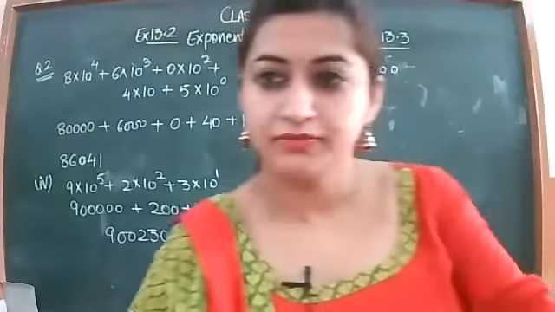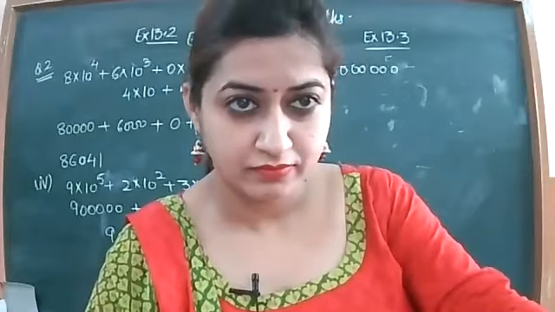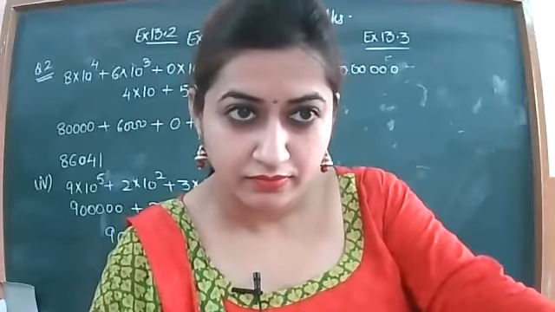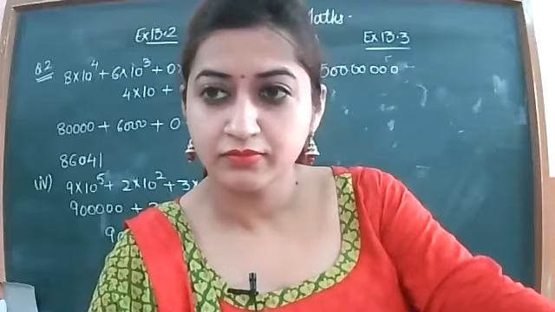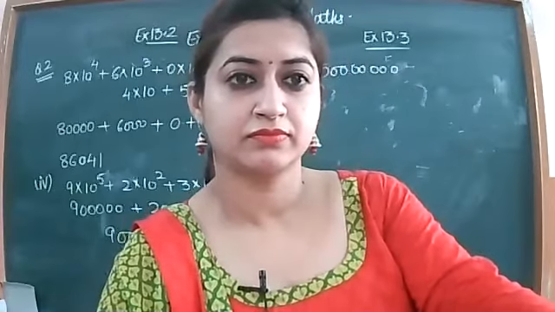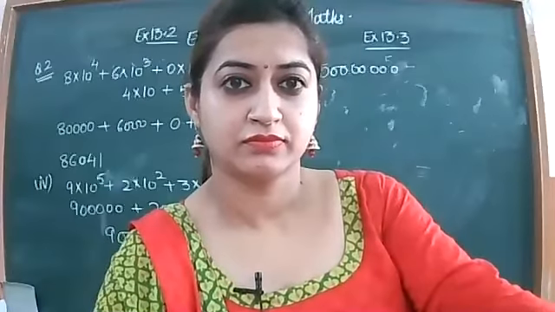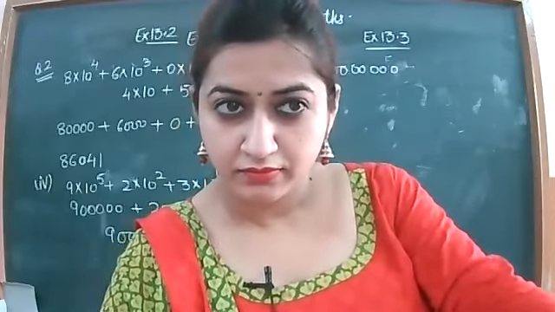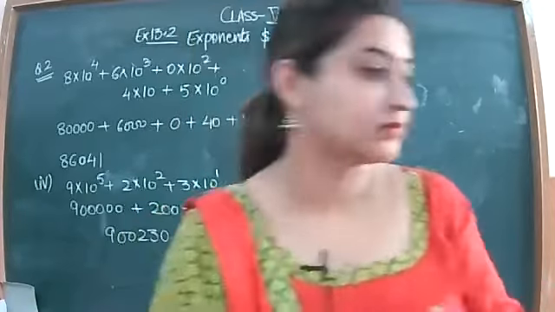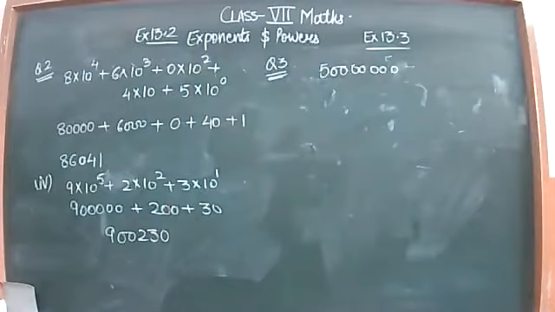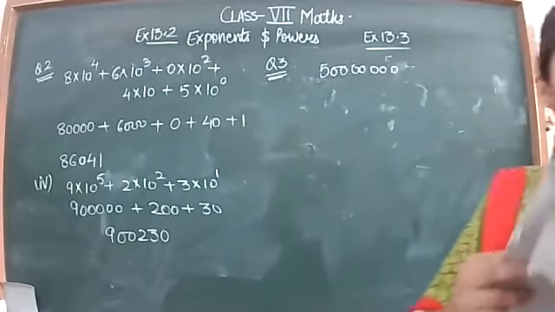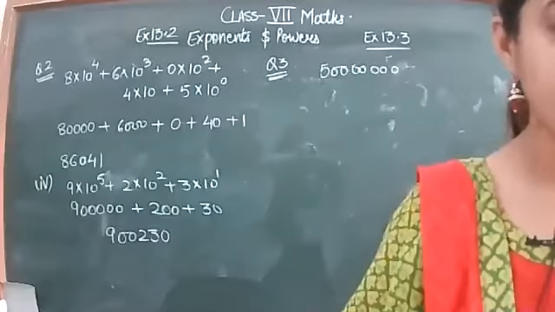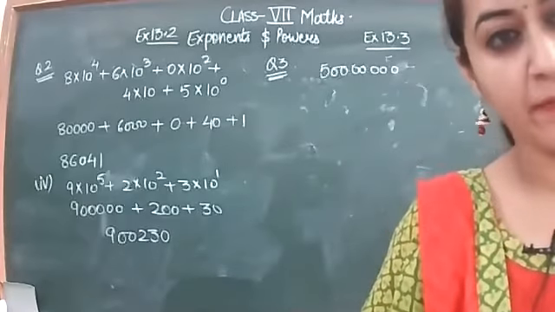Yes, Drishti. Ma'am, 4 with 5 zeros plus 5,000 plus 300 plus 2. 405302. Okay.